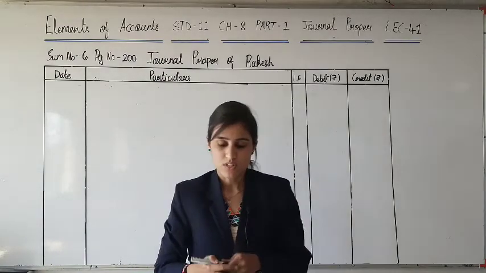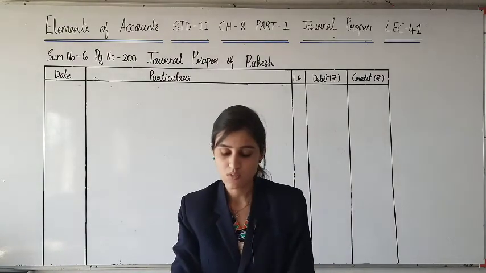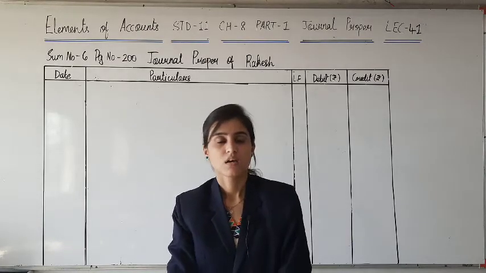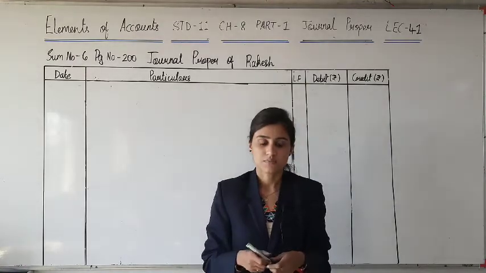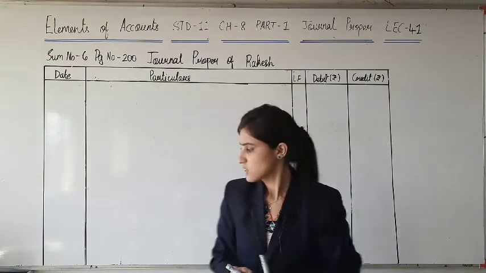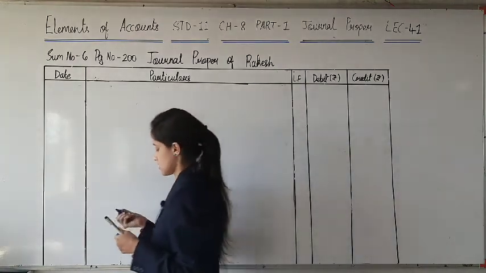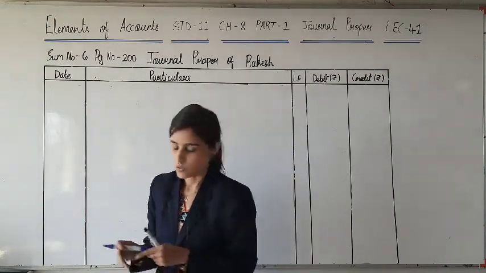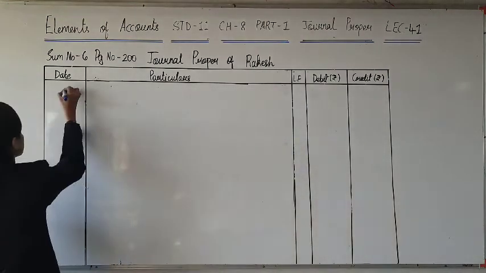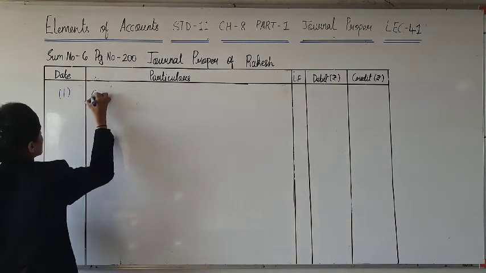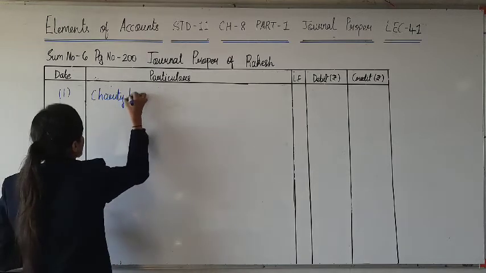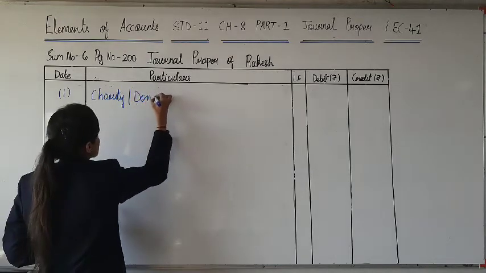The very first transaction: gave goods of rupees 5,000 to Anath Ashram. This can be a charity. Yes, are we provided with date? No. So, the first journal entry, you can write charity, you can also write donation.